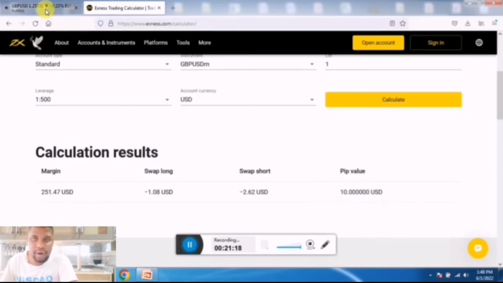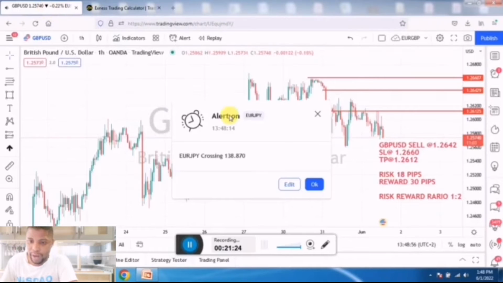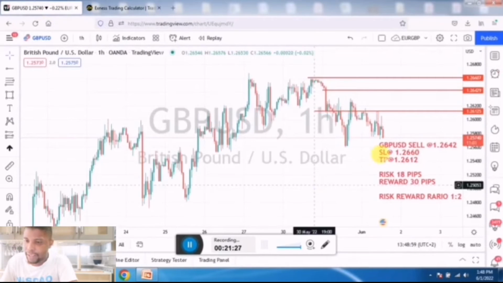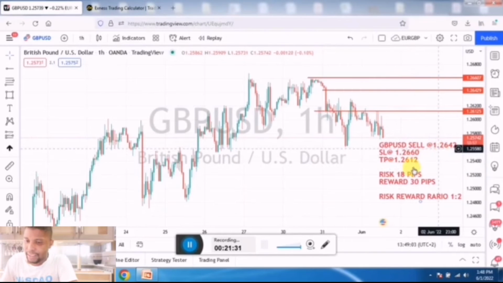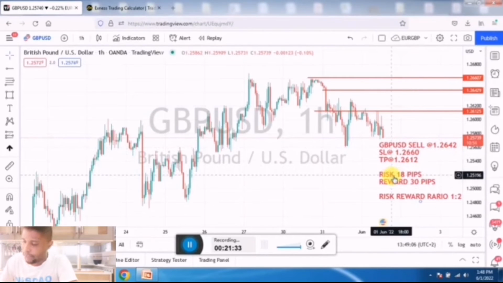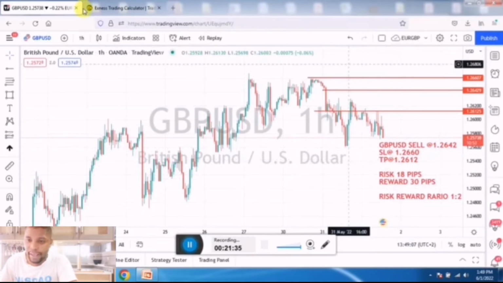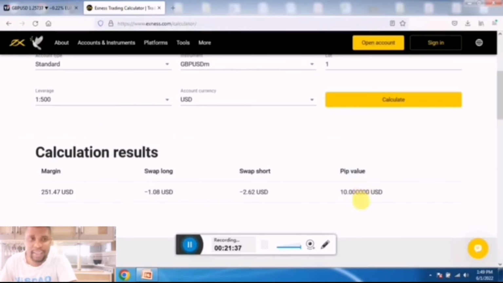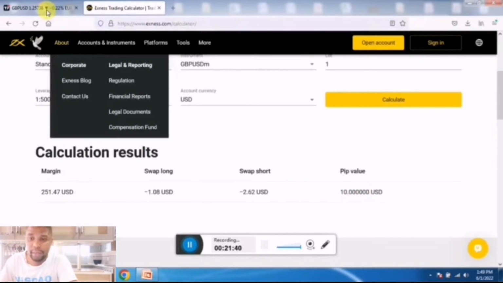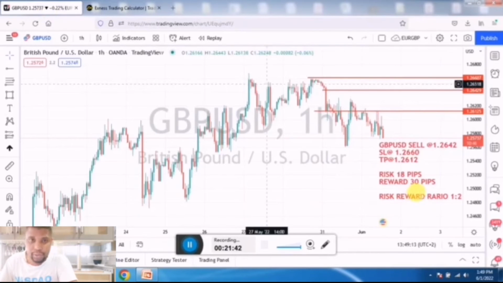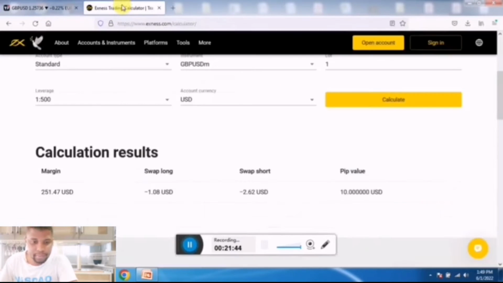Remember our risk reward. What was our risk reward? Our risk was 18 pips. So let us multiply a straight $10 times 18, which is $180.